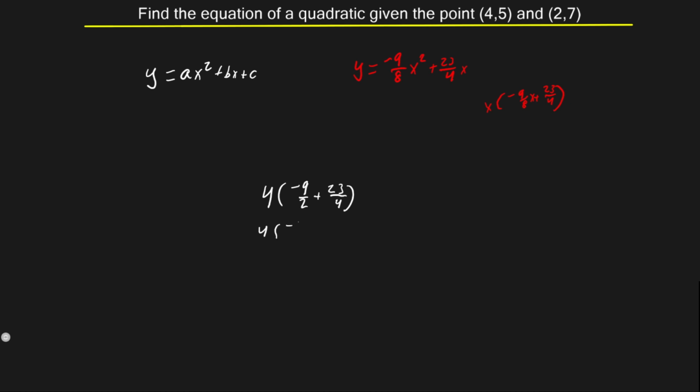So we have 4 times (-18 over 4 plus 23 over 4). And that is going to give us 4 times 5 over 4, which is going to give us 5, because 20 over 4 is 5. So we now have that our quadratic does indeed pass through these 2 points.